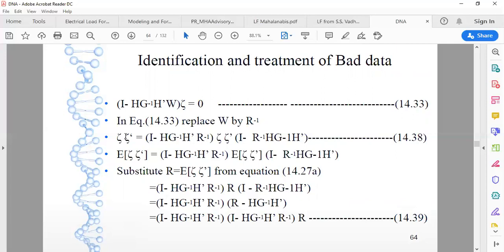When we are considering zeta transpose, at that time we have to reshuffle this term, and over here R should come prior to the rest of the terms. So this is nothing but the representation of zeta only, while zeta transpose is I minus R inverse H G inverse into H.